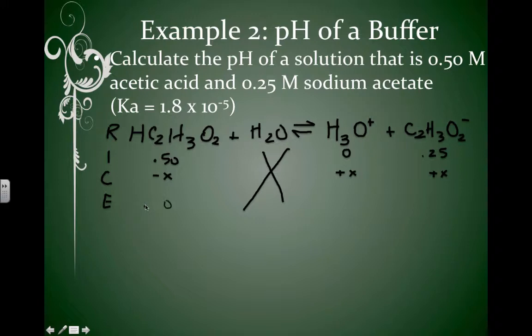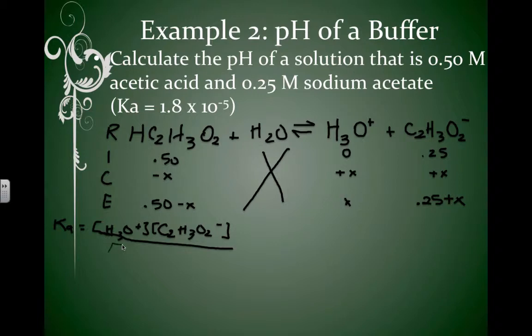So we put this into our equilibrium expression and we solve. The Ka is going to be products over reactants. Don't forget to put charges on all your ions or you don't get it right.